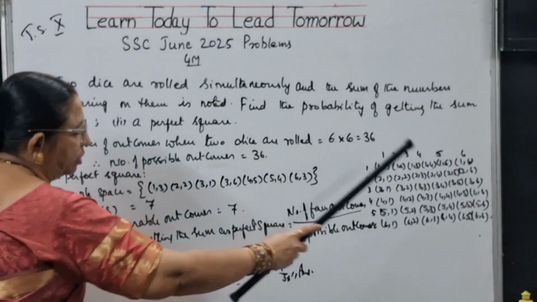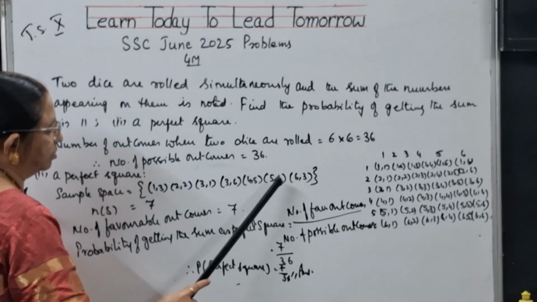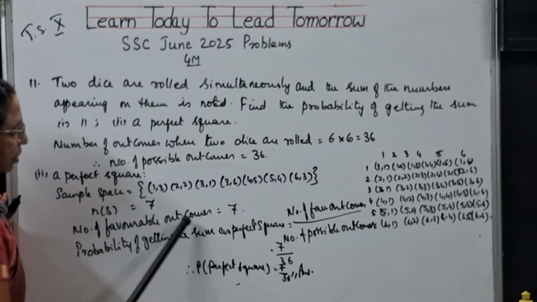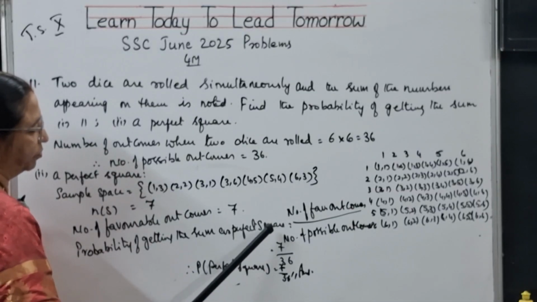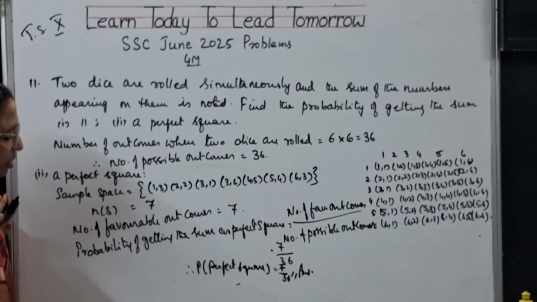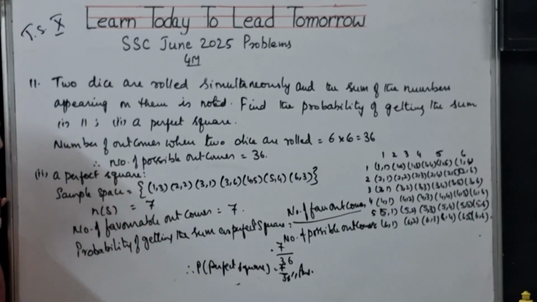More than this, we didn't find any other perfect square. So 1, 2, 3, 4, 5, 6, 7 terms are there. So n of S is 7. Favorable outcomes are 7. So probability of getting sum as a perfect square is number of favorable outcomes by possible outcomes. That is 7 by 36 is the answer. Children, please note it down.